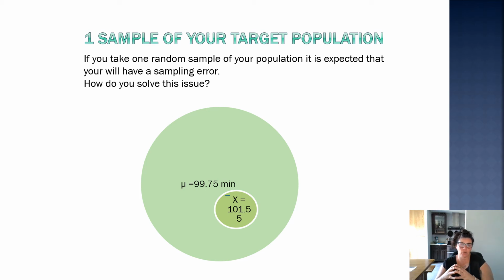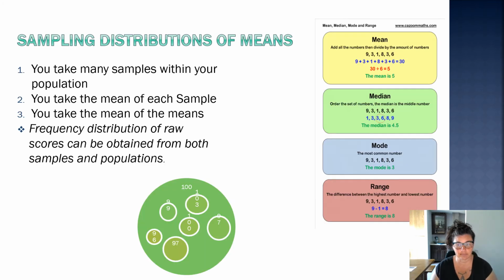Your mean or average is going to be off from the population average if every single person was surveyed or questioned or data was taken from them. So how do we resolve this issue? We don't actually question or gather information from every person in the population in order to generalize.